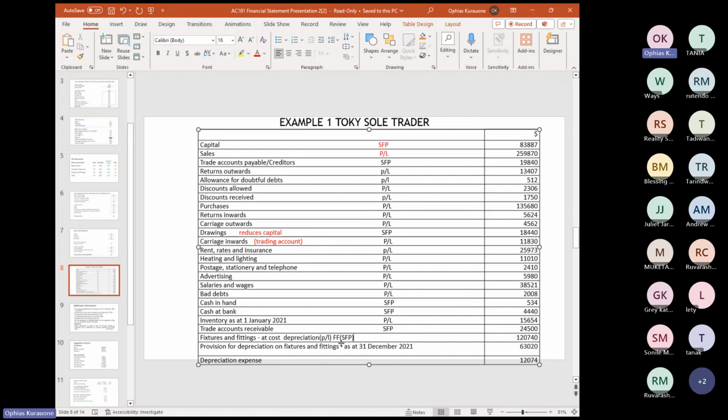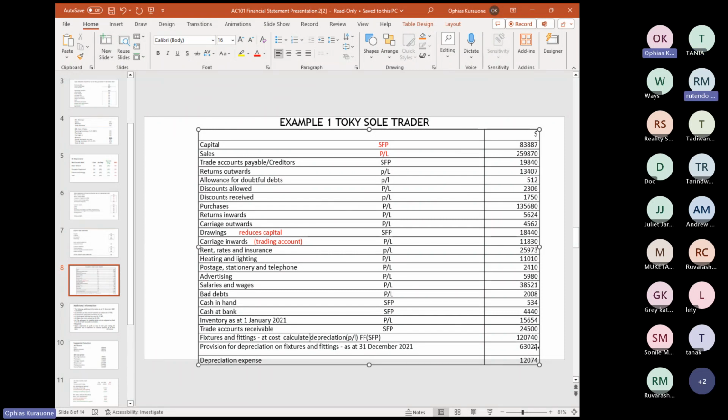Provision for depreciation. Here you need to calculate depreciation. Then the remainder, the current amount, is transferred to the statement of financial position as provision for depreciation for fixtures and fittings.